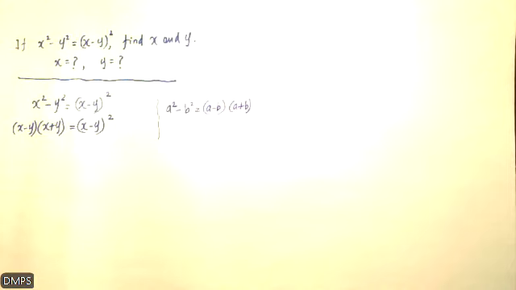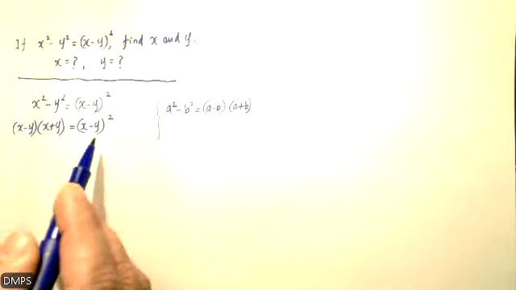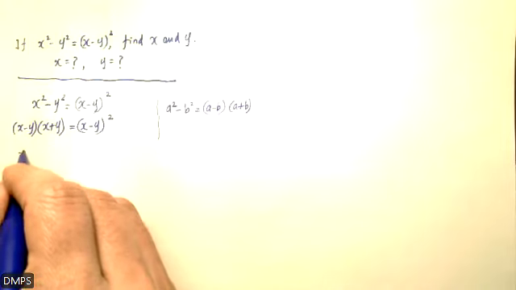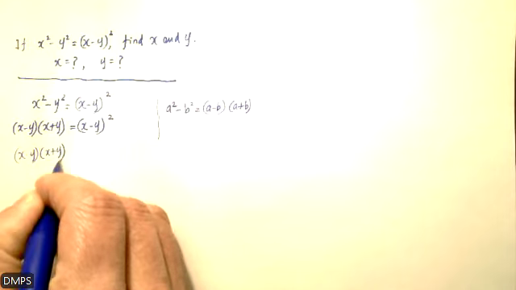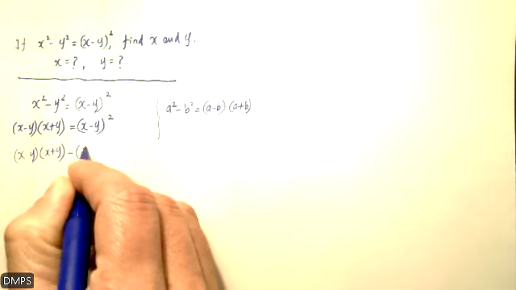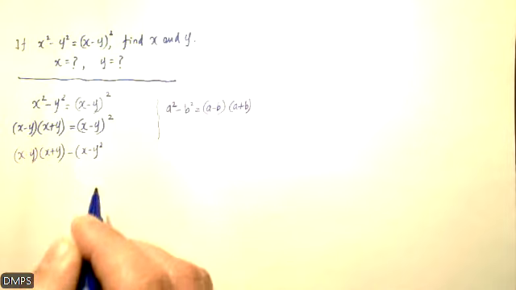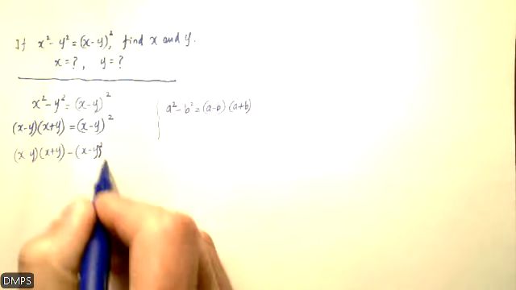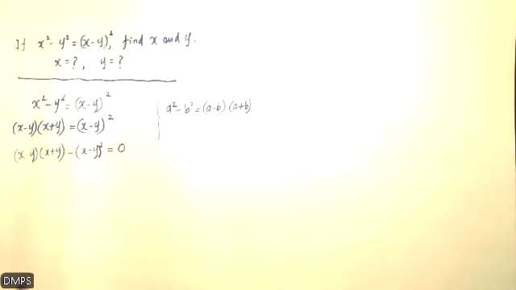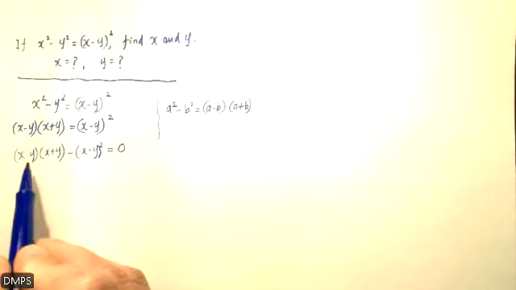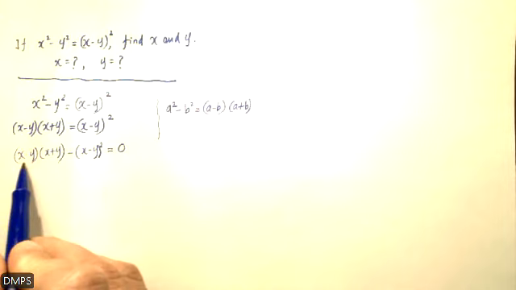Then what I will do is subtract x minus y squared from both sides. Then we will get x minus y times x plus y minus x minus y squared, the entire thing equal to 0 on the right. I just subtracted that x minus y squared term from both sides. Then we see that for both these terms, an x minus y factor is common.